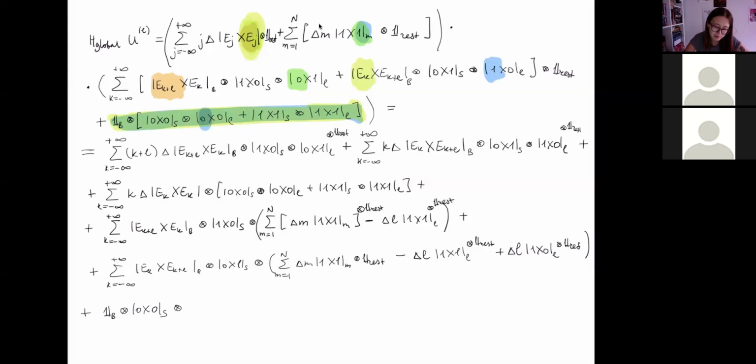In all other cases, the rest of the terms survive. So we end up with what we already looked at: just the sum minus the contribution of the Lth qubit.